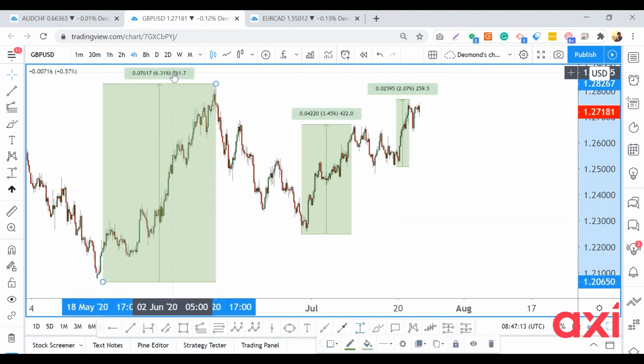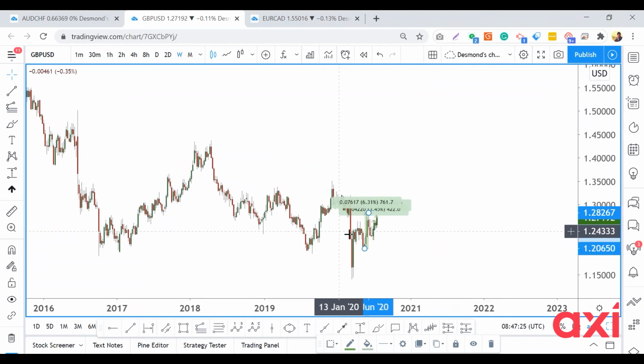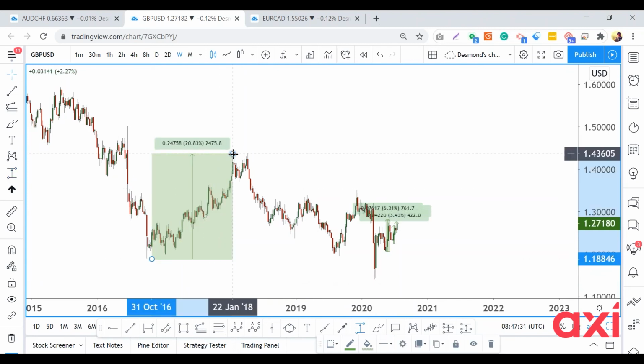This is 761 pips. So different time frames. This looks huge, but if you go onto the weekly chart, this is tiny. Because on the weekly chart, when you're looking at trades, something like here to here looks small, but this is actually 2,400 pips.